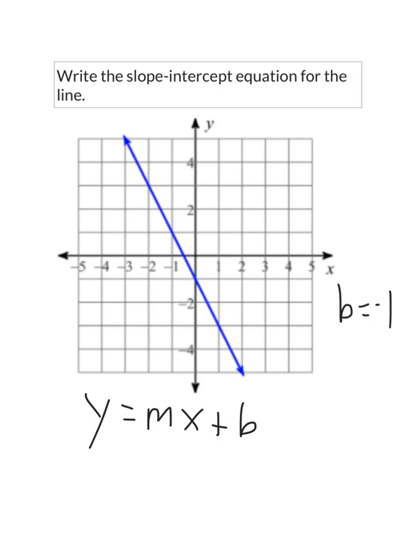Now, for the slope. For the slope, I need 2 ordered pairs. Okay, and I want to pick ordered pairs that go through lattice points. And this is what I mean by lattice point. A lattice point is here. A lattice point is here. A lattice point is here. It's where the vertical lines intersect the horizontal lines.